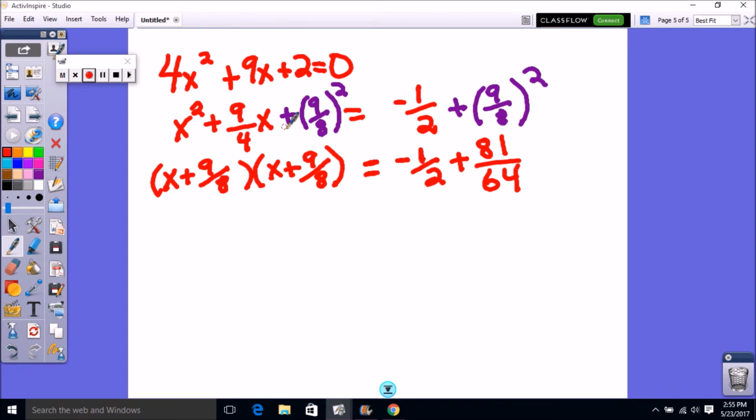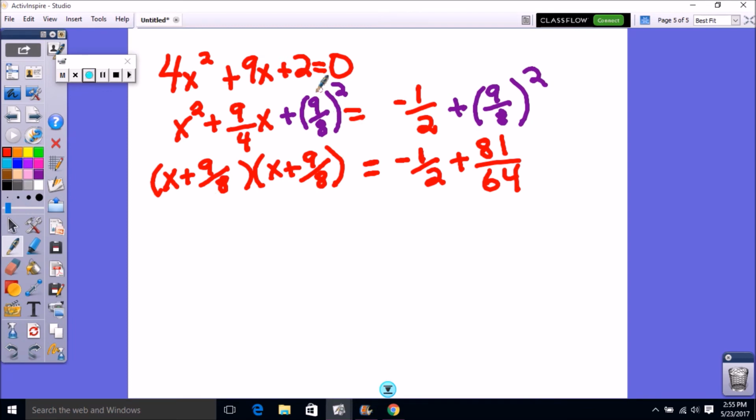Okay, the 9/8 is what's half of the b term. 9/4, let me just do a little work over here. 9/4 divided by 2 is keep, change, flip is 9/8. Or you can remember that to divide a fraction in half, you're just multiplying the denominator by 2.